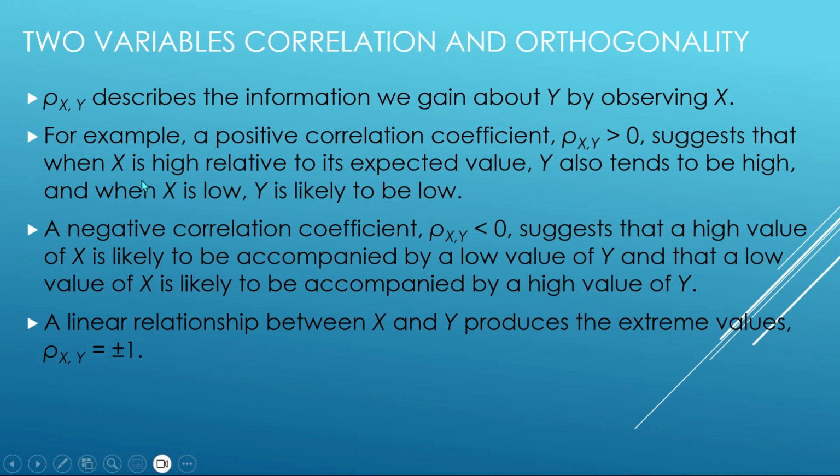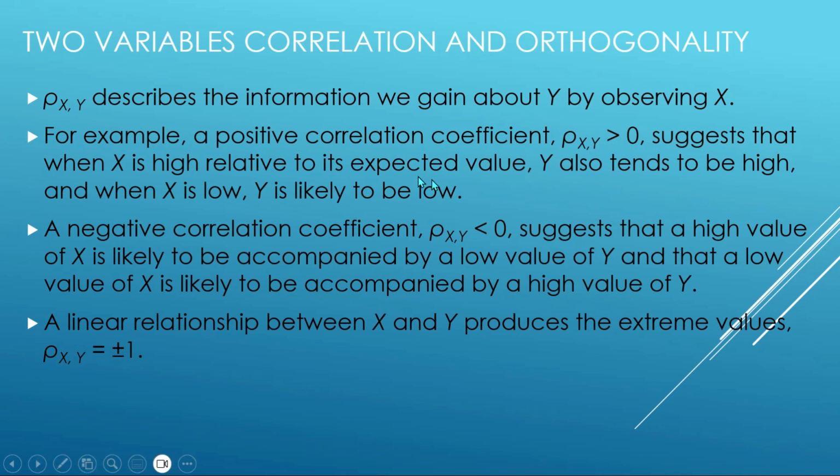So if the value of random variable X is high relative to its expected value, then Y also tends to be high compared to its expected value. So we can say that X and Y are directly proportional.